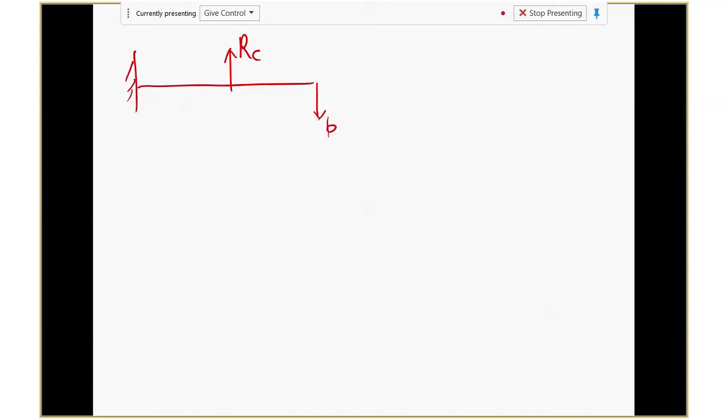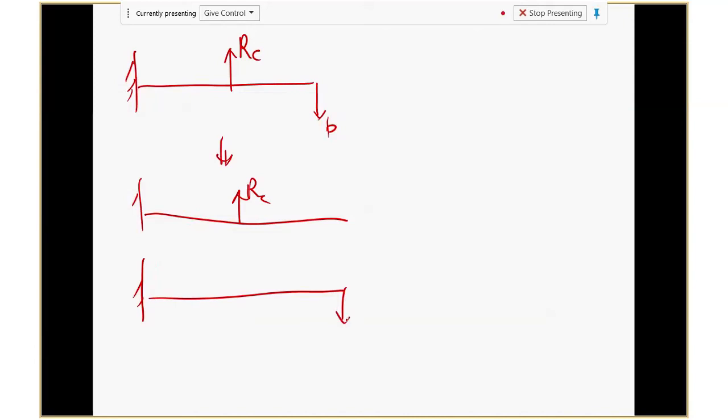Once you identify the reduced structure, next you just solve for the solution of this reduced structure, and now you can actually use superposition. In other words, you make this one equivalent to two problems. You have one problem that is RC applied here, and then a second problem that is only P applied here.